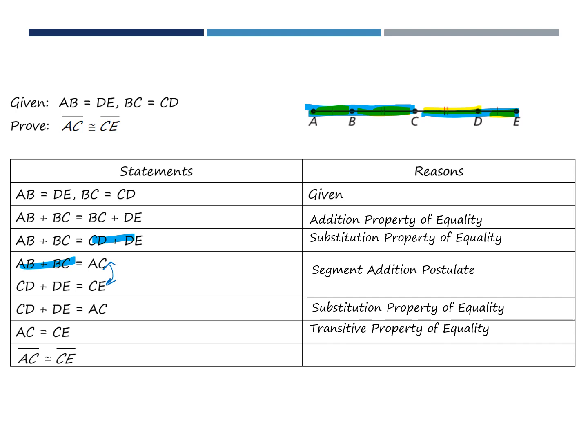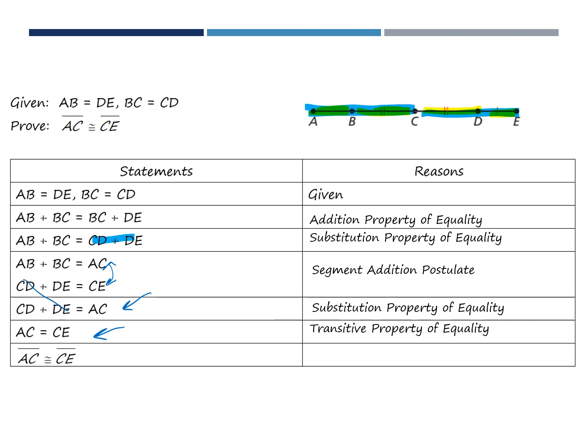Now from this statement to this statement, I've gone from CD plus DE equals AC to now saying that AC is equal to CE, and I've used the transitive property, okay? Because I know that CD plus DE equals CE and CD plus DE equals AC.